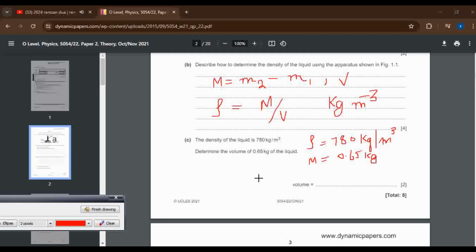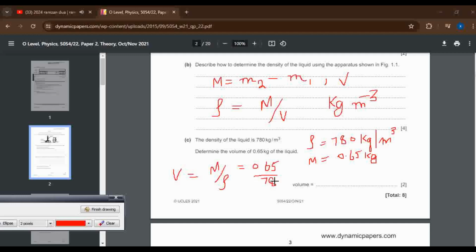From this formula we can find that volume is equal to mass over density. So volume will be equal to 0.65, mass, over 780, density.